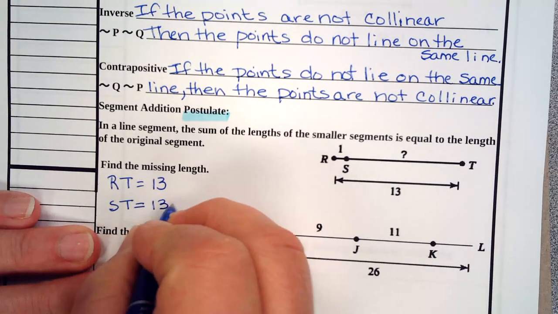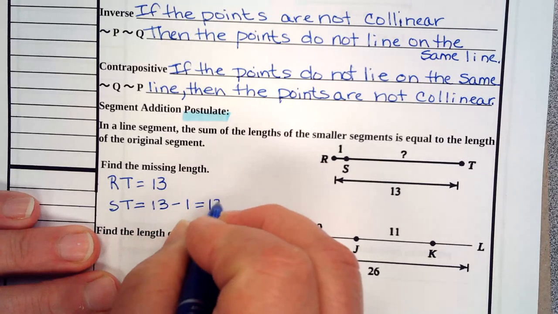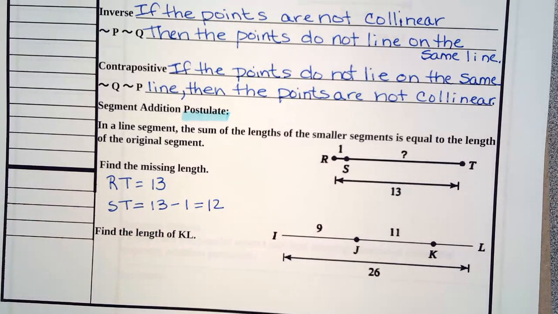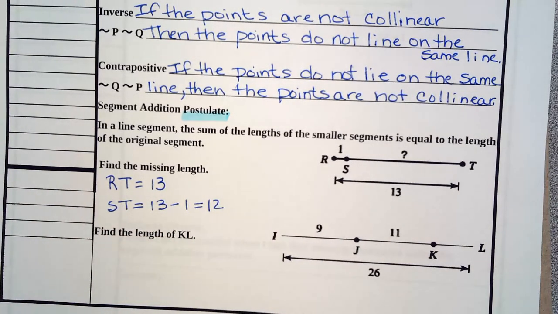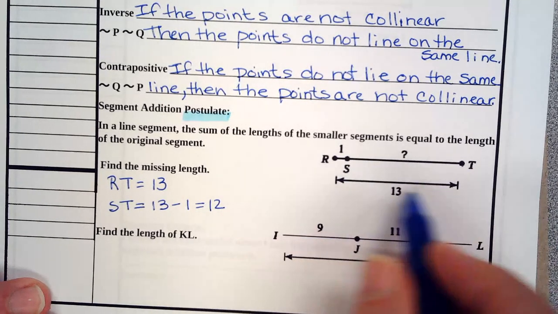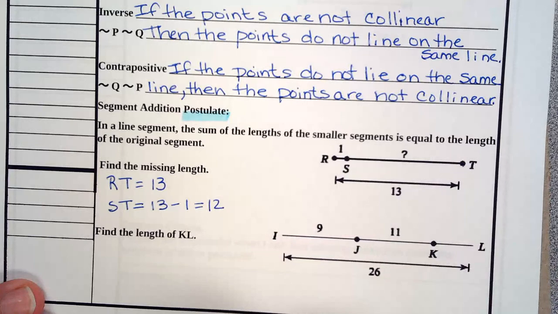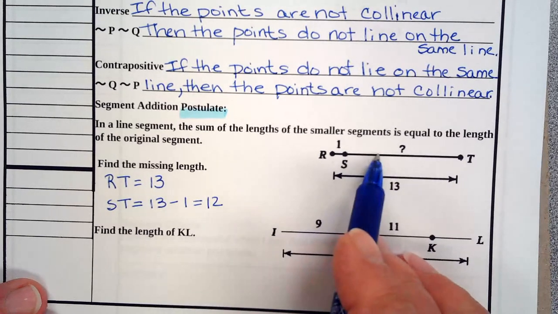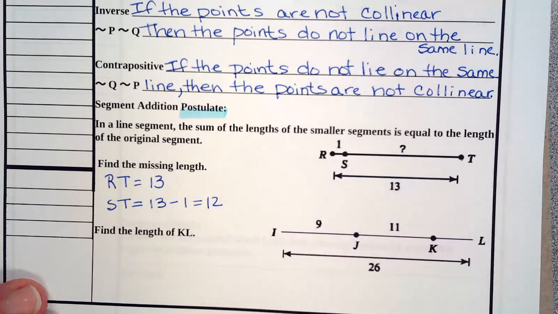So it'll be 13 minus 1, which gives us 12. So 1 plus 12 gives me 13. That's what our postulate states. This plus this will give me the total length.